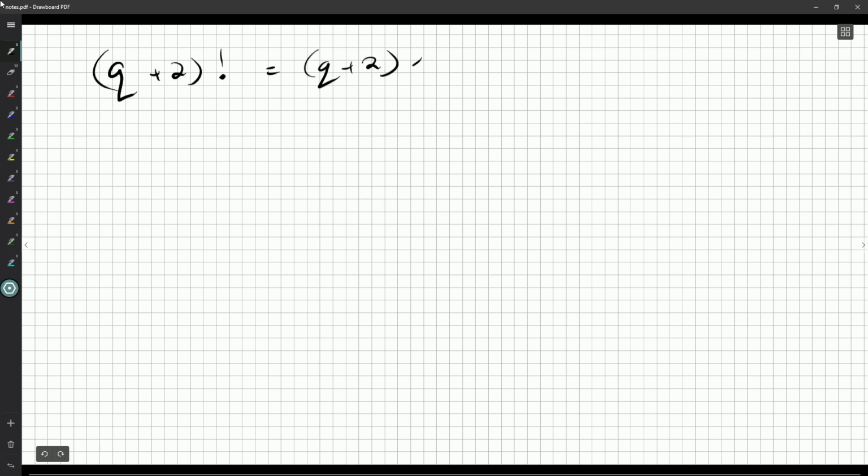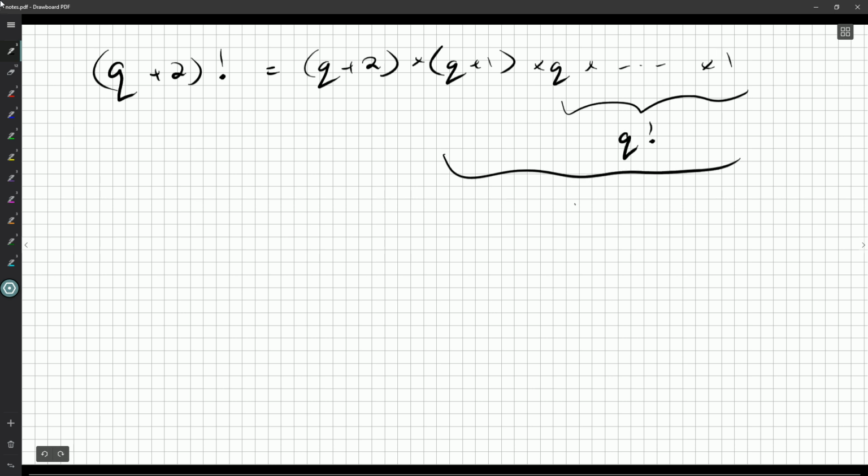Okay. So we've already seen a couple times how we can sort of break off little bits from our definition. So Q plus 2 factorial is Q plus 2 times Q plus 1 times Q all the way down to 1. But this here is the product of all the numbers from 1 to Q, so this is really Q factorial.